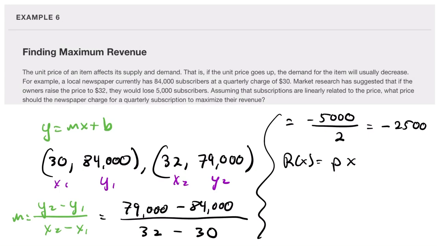Every dollar they increase the price, they lose 2,500. When the price was 30, the money generated was basically 30 times 84. Okay. There's something that I'm just not connecting here.